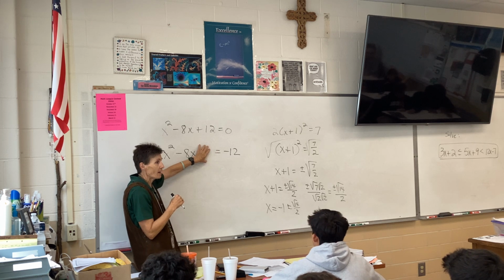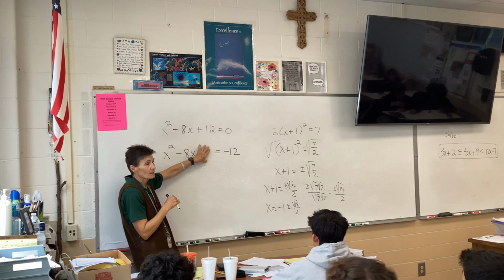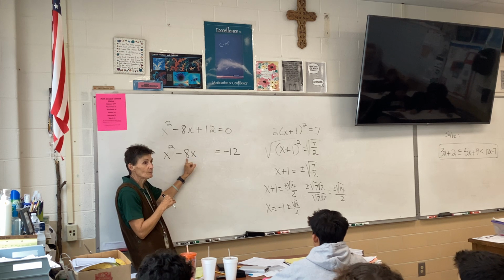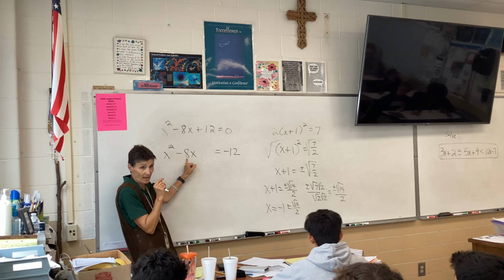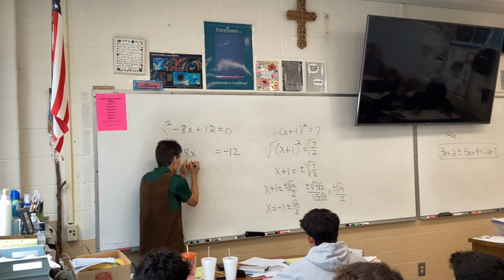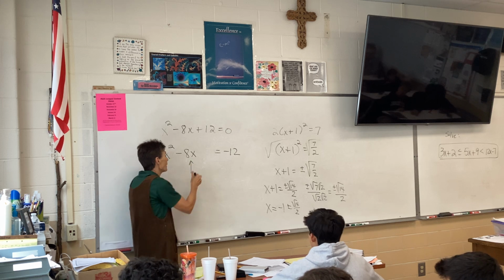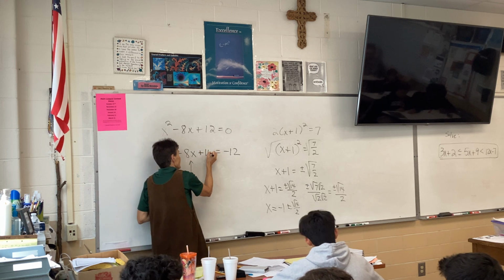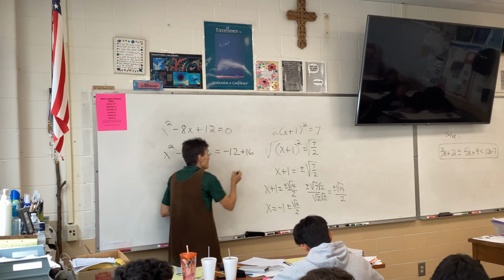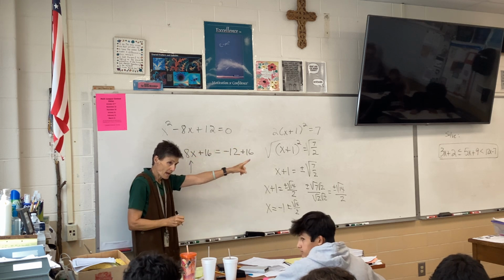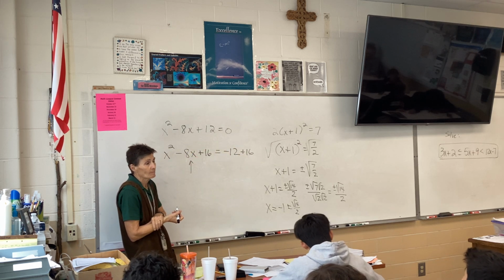And how do I find the good number? You divide 8 by 2 and square it. Remember that? So this number right here, you take half of it, or divide it by 2, and you square it. And that's going to give me 16. Make sure that you add it to the other side also.